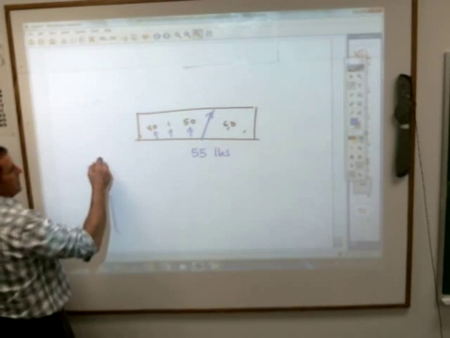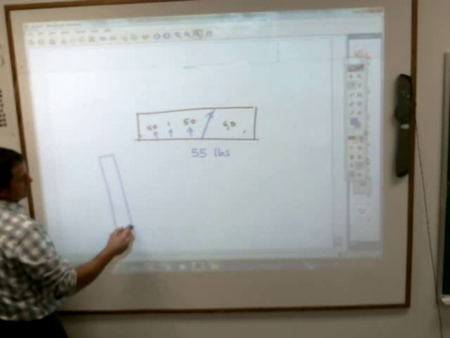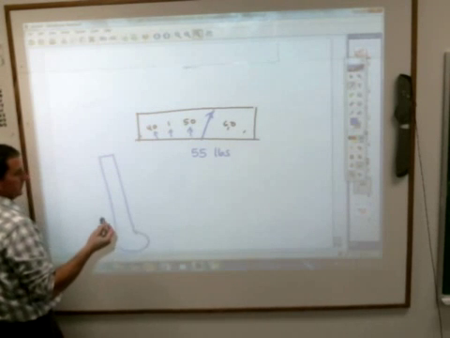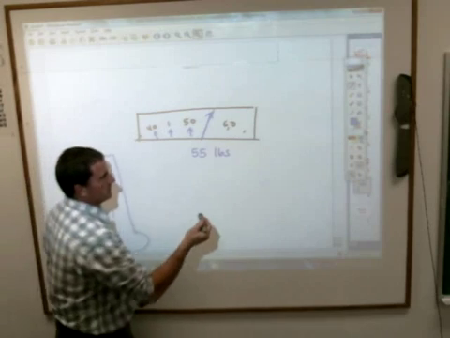Okay, now let's draw one more. Try to draw this as accurately as you can with me. Let's say we're talking about a thermometer, like a speedometer.